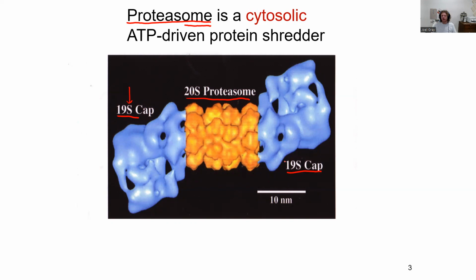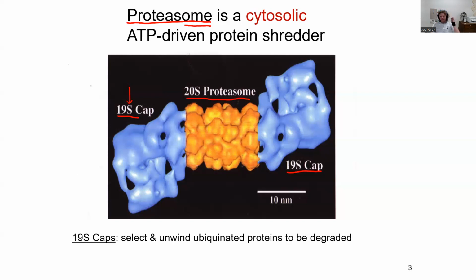So basically, where something separates from other components when you're doing analytical ultracentrifugation. The key is that this is a structure that basically has two caps and one functional unit in the middle. So that's the takeaway from this.